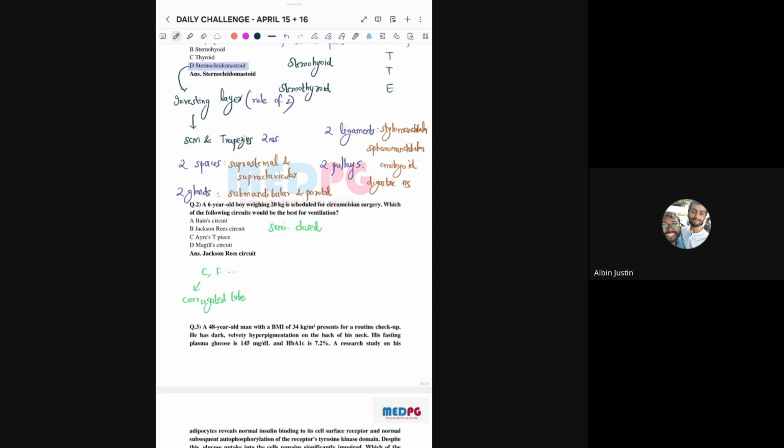This is the corrugated tube. No, C doesn't have a corrugated tube. And F doesn't have an APL, the adjustable pressure relief valve. So C and F.